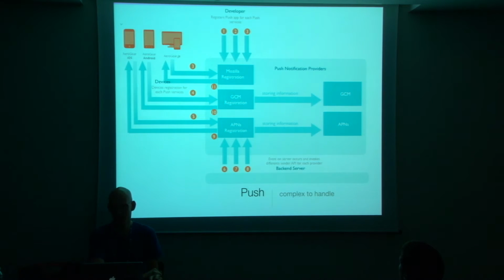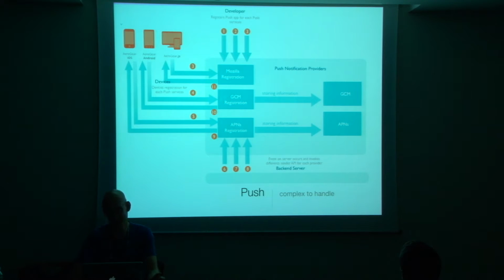There are multiple providers and multiple platforms, and you have to work with all of them. If you want to send, you have to keep track of which of your users are Android users. And if you want to push something to them, you have to talk to Google, and Google will send it to the actual device, right?